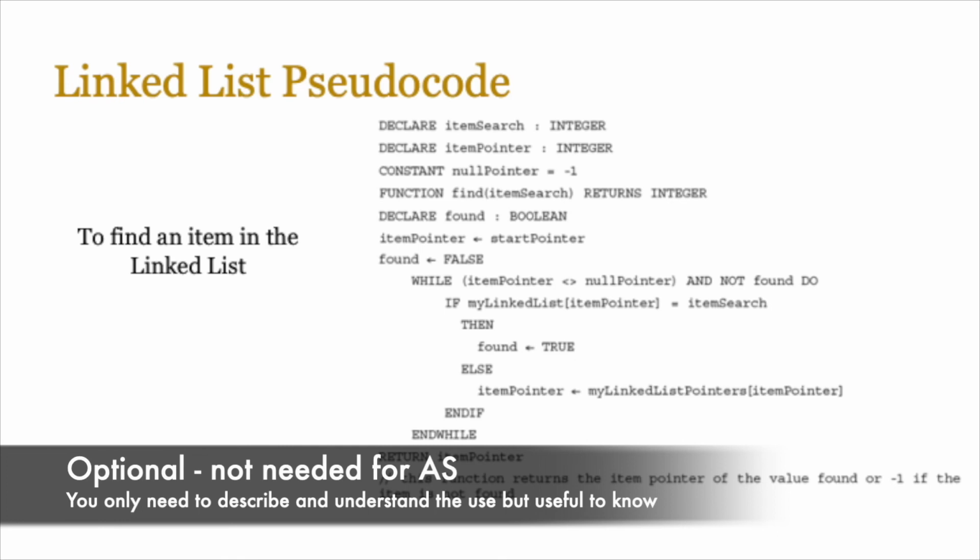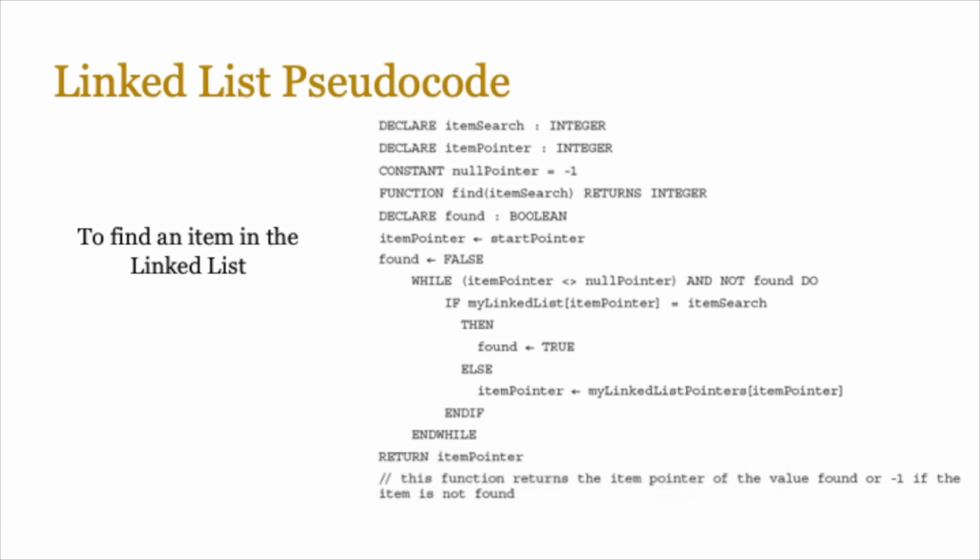So set up a flag, create a while loop, and then use an if function to return the boolean value true if you find the item, if it matches, or else update the item pointers to keep checking the rest of the items and ultimately return the value back to the user.